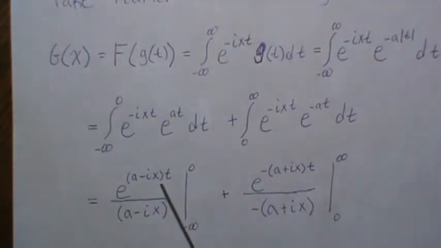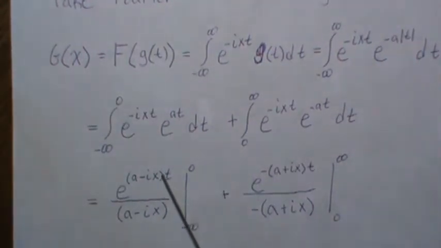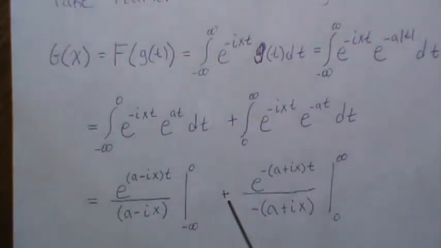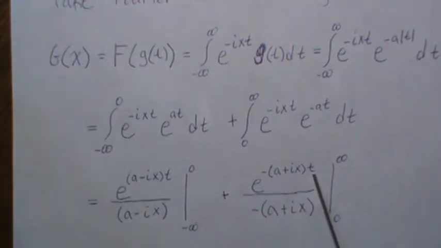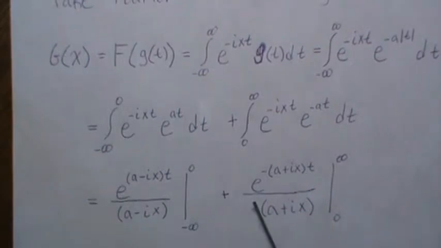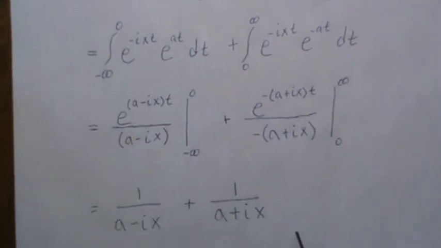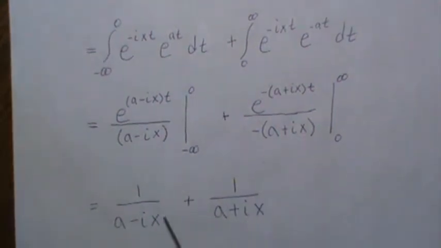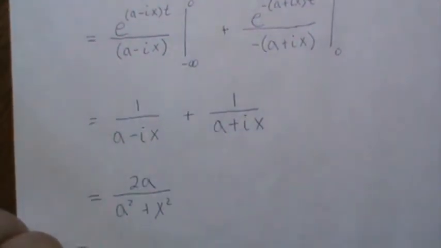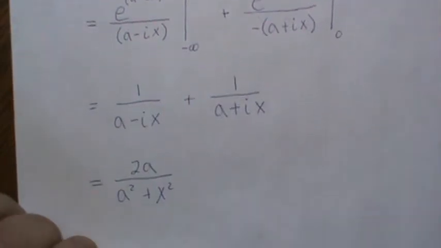You plug in 0, you get 0 in the exponent, which is 1, so you just get 1 over this. Plug in negative infinity, this goes to 0. And then here you plug in infinity, so the exponent is minus infinity, which then makes this go to 0. Then it's minus, you plug in 0, so the minuses cancel each other, and you get 1 over a to the ix, which is just this. Now, when you add those together, you get this, 2a over a squared plus x squared.